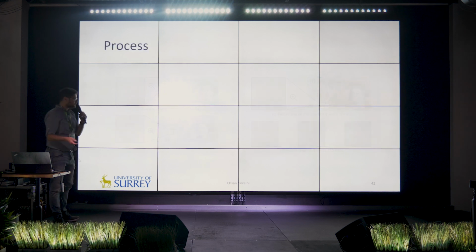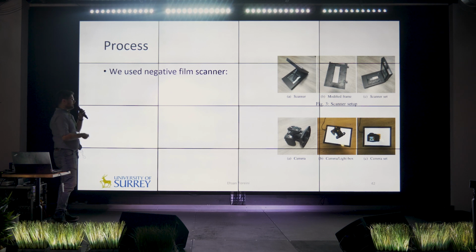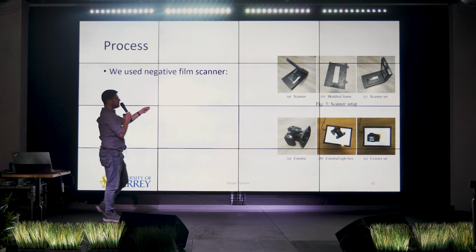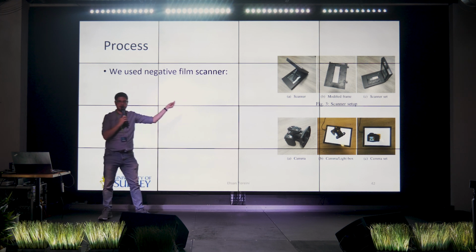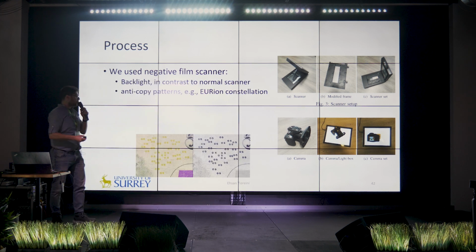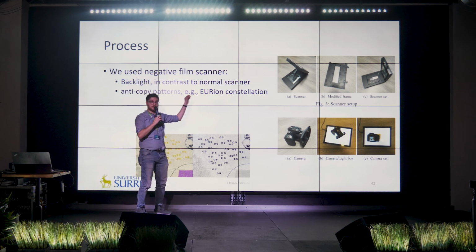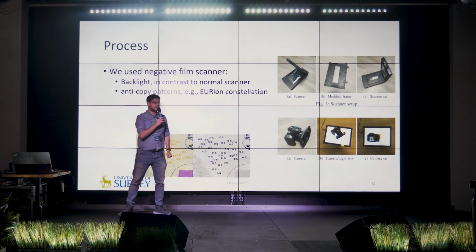So instead of using a camera, which we did actually, we tried to look into more scanning items as well. But that was an interesting case for us because the banknotes come with protection mechanisms called the EURion constellation.